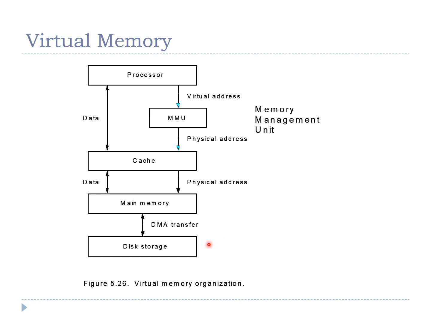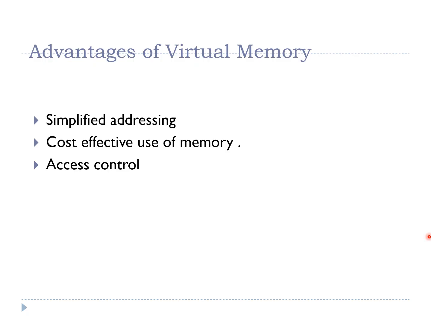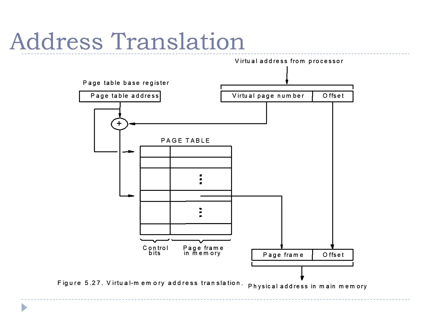Depending on where exactly it is loaded in the main memory, the conversion of the virtual address to the physical address will happen. That translation, you call it as the virtual memory. The advantage of virtual memory is that it is very simplified, it is cost effective, and you have a lot of access control.